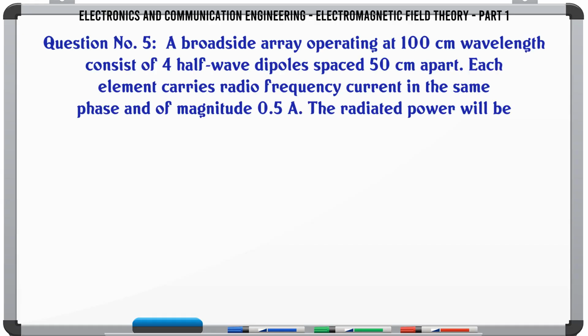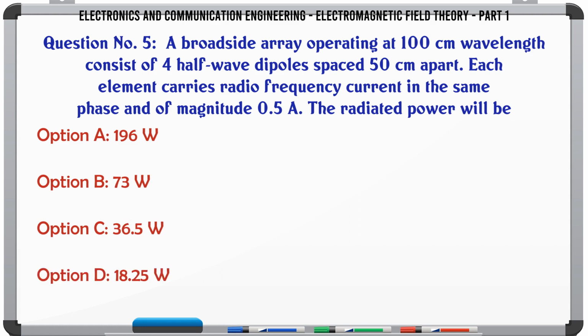A broadside array operating at 100 cm wavelength consists of 4 half-wave dipoles spaced 50 cm apart.